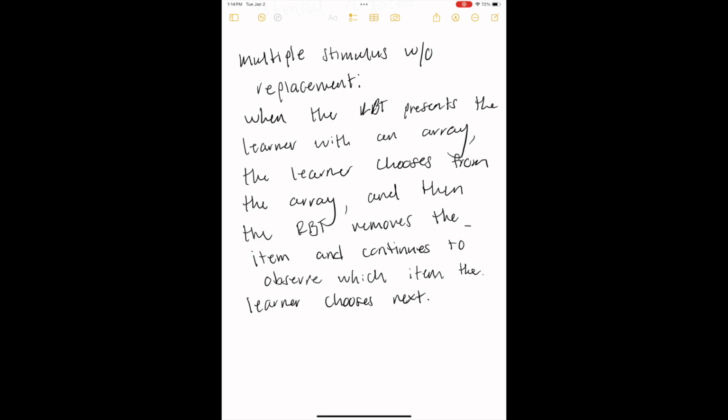And if they don't do it flawlessly, let's say they refuse, or they gave you a hard time but did it anyway, you're not gonna reinforce them with their most preferred reinforcer.